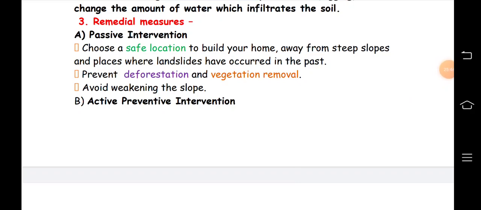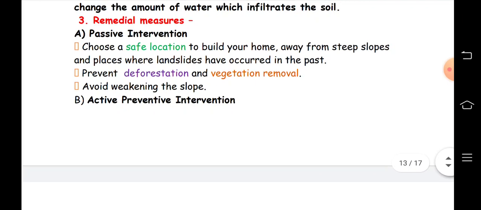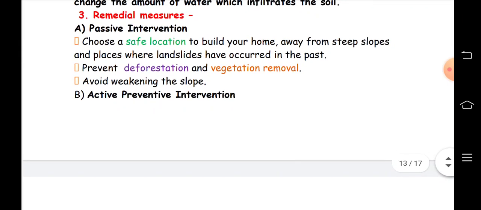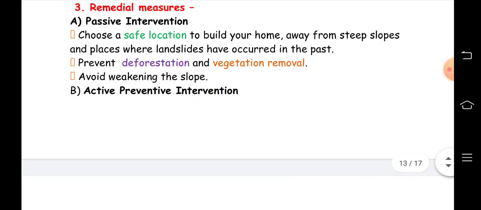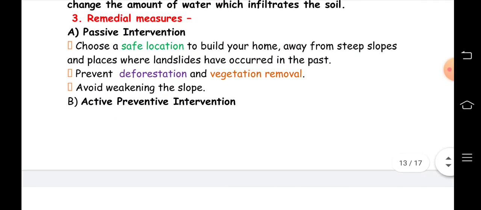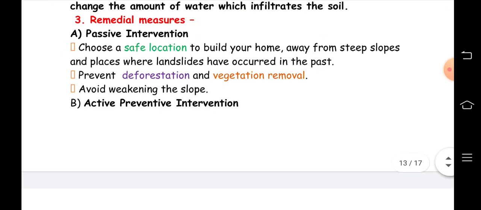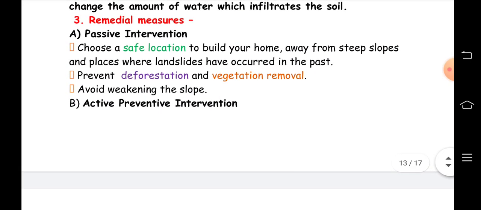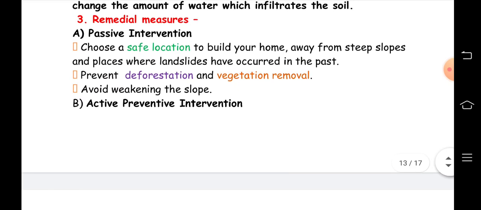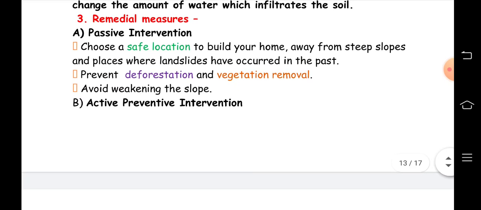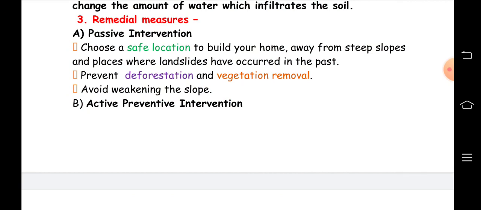Intervention. So first of all, choose a safe location to build your home, away from the steep slopes and places where landslides have occurred in the past. It means that while you are constructing, or if you want to construct any home or house, your area or plot will be steep, or you can say flat.